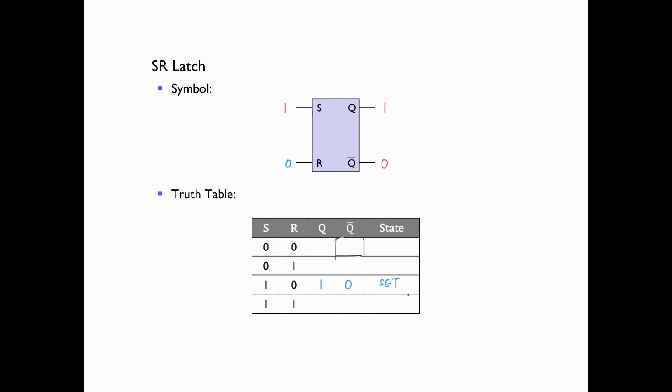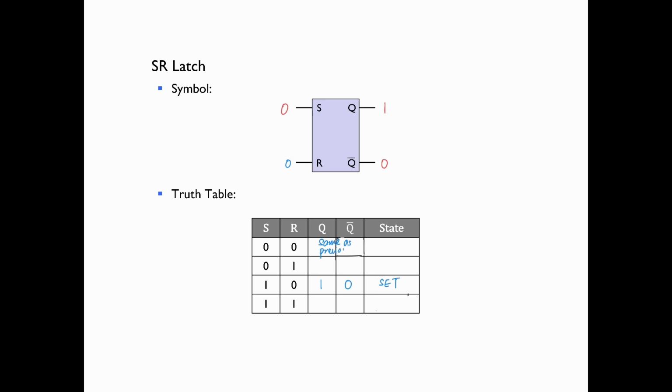Now what happens when set is changed to 0? This does not affect the output of Q. So when set and reset are both 0, we enter into a mode that is the same as the previous.